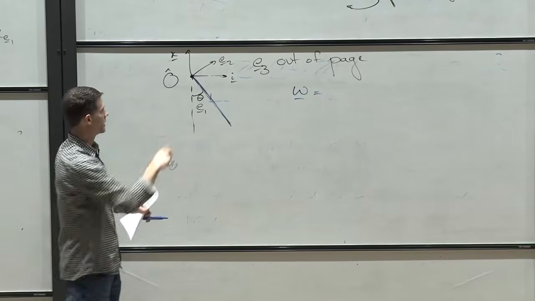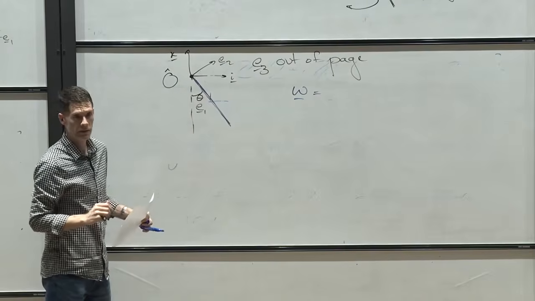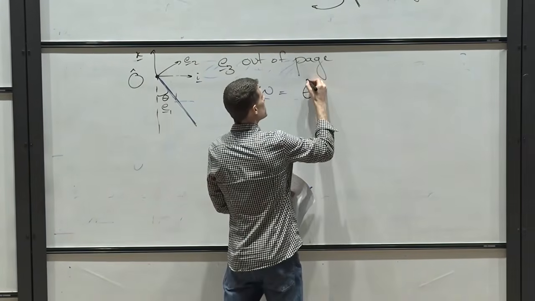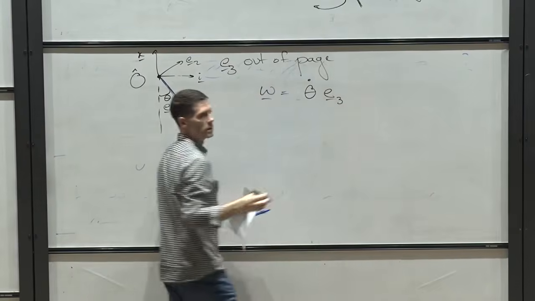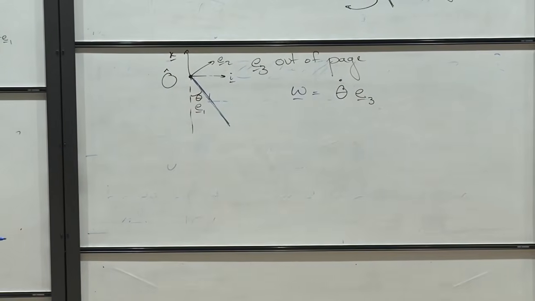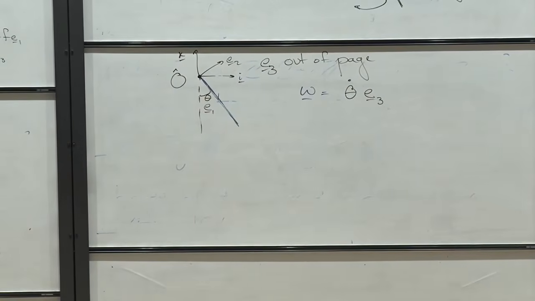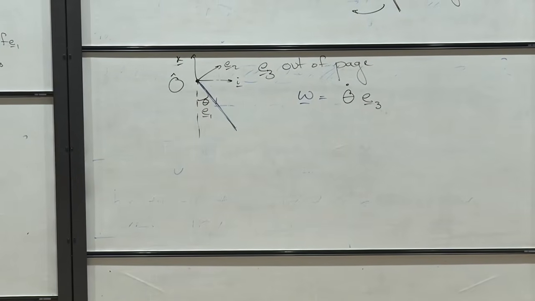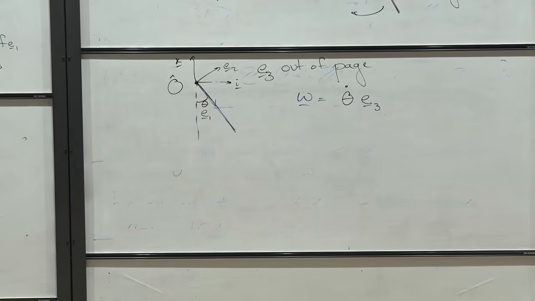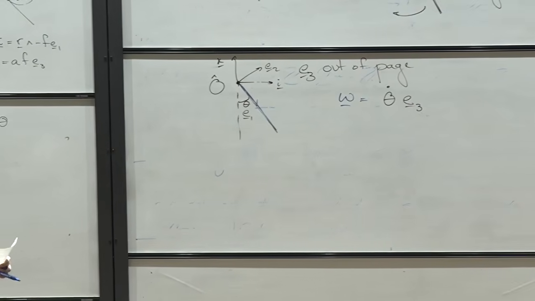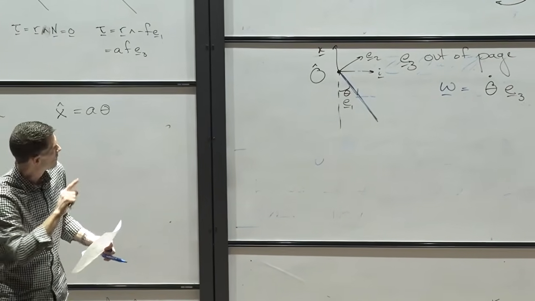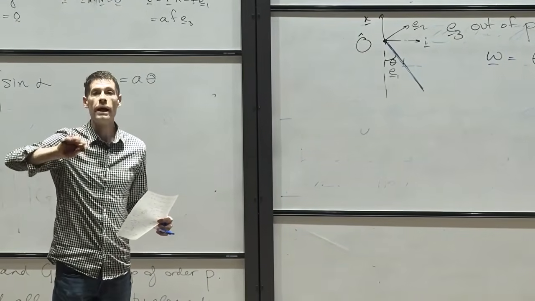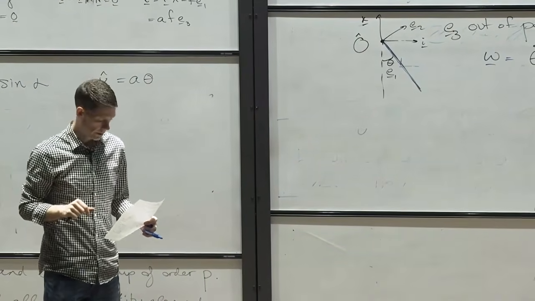It's an angular velocity, so it's going to look like a d dt of theta. And maybe your only question is whether to say, is it theta dot E3 or is it minus theta dot E3? And again, the way to sort that out is to say, if theta dot is positive, do I get a positive right-hand rotation about the E3?